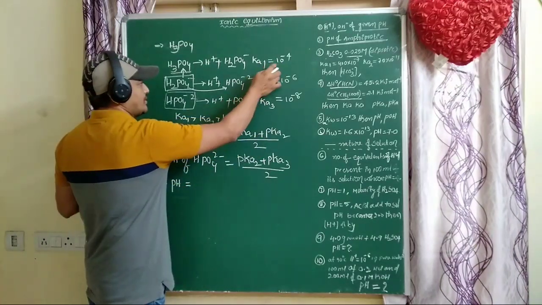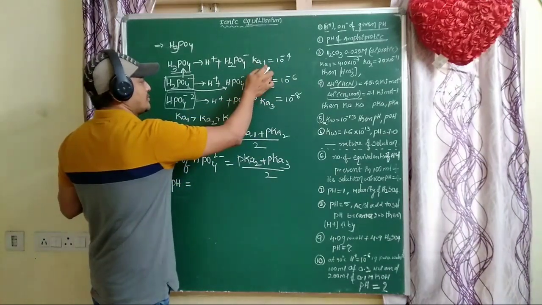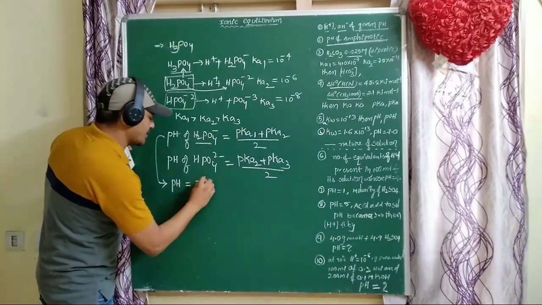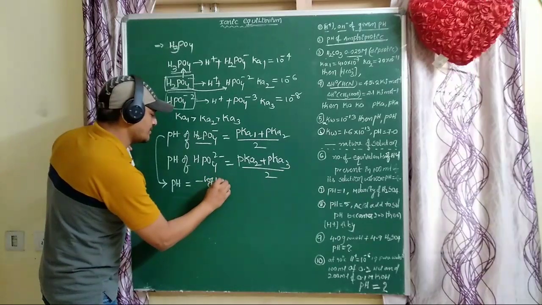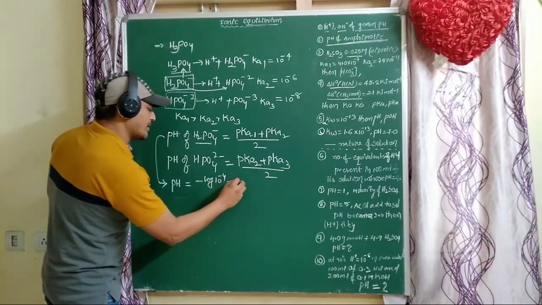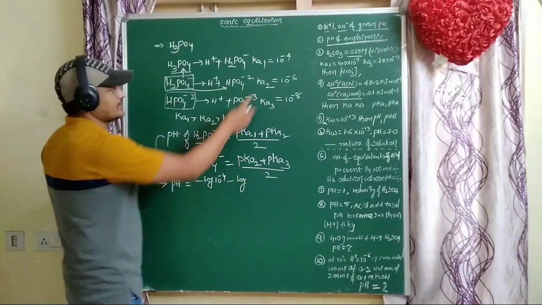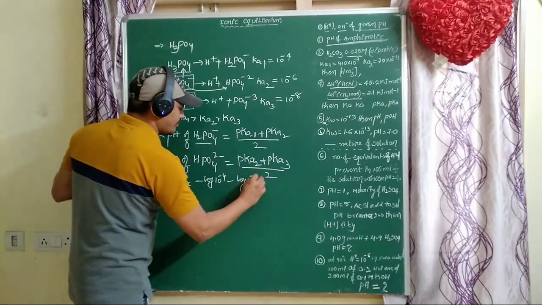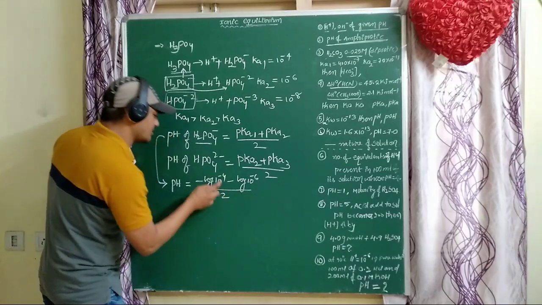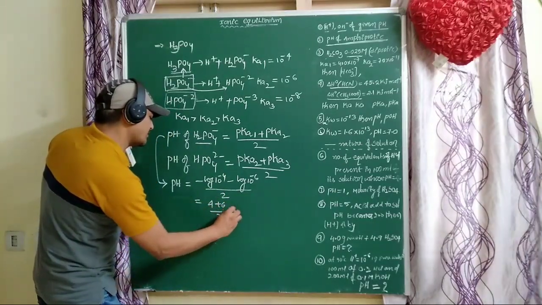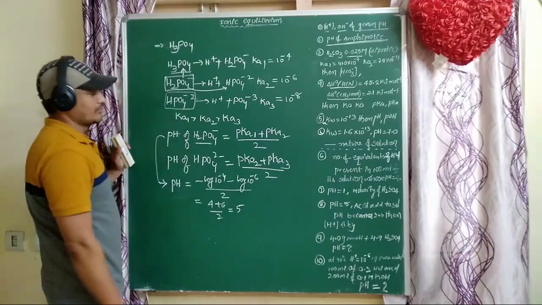So how to calculate the pKa? Minus log Ka. Ka means 10 power minus 4, minus log of 10 power minus 6, by 2. So that equal to 4 plus 6 by 2, that equal to 10 by 2, which is 5.